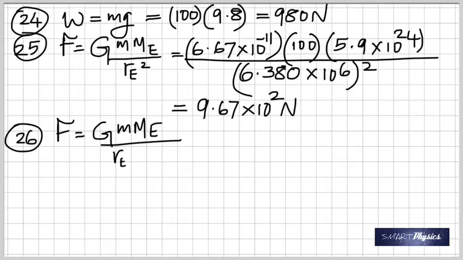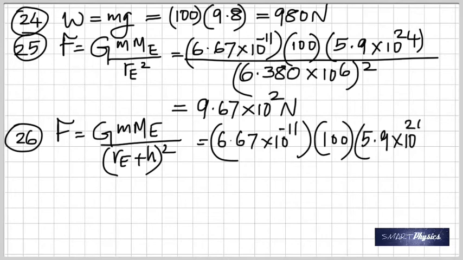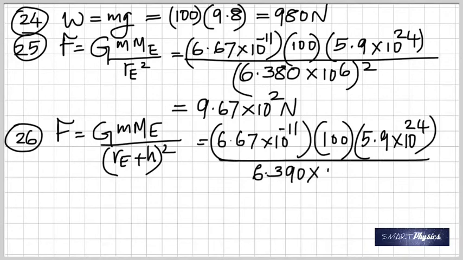All you have to do is apply the same thing, but remember that the distance increased by 10 kilometers. Therefore, same thing. Nothing except the distance changed. And you will see now that the distance has become 6.39 times 10 to the 6, because 6380 plus 10 is 6390.